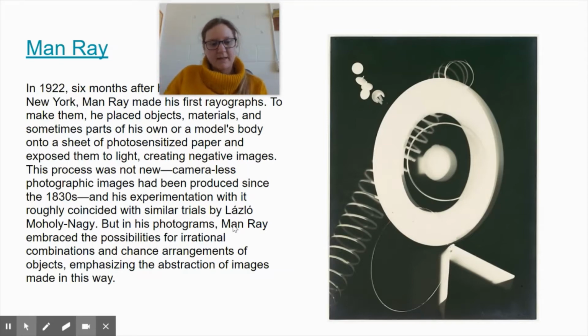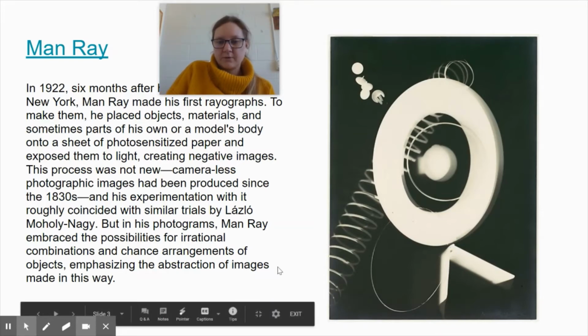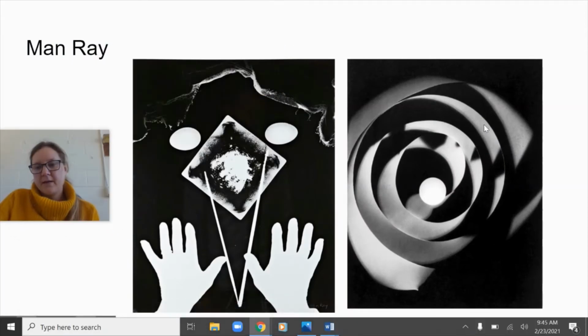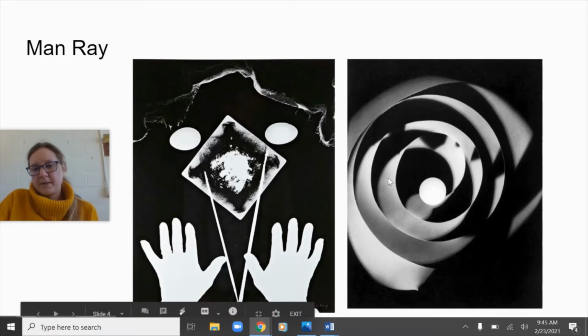Like, finally, we don't need to paint a picture; we can actually use the camera to show reality, right? And then people started to take hold of the camera and think of it as a way to do some artistic interpretation alongside it. So let's look at some more experiments here. You can see Man Ray used a coiled up piece of paper on its side to create these lines and shapes and shadows in his work.